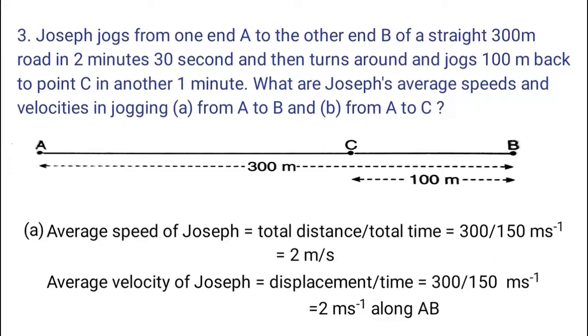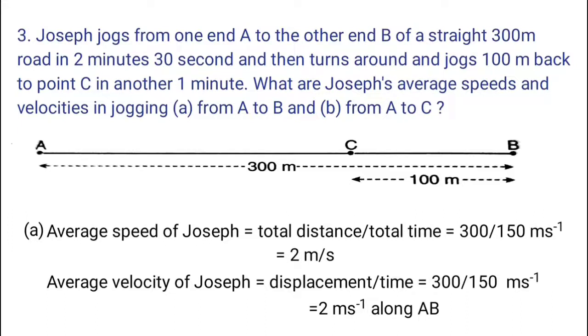Now we have a total distance of 300 meter and a total time of 150 second. So the average speed of Joseph from point A to B is 300 upon 150, which comes out to be 2 meter per second. Now, what will be the average velocity? For average velocity, we must have total displacement and total time.